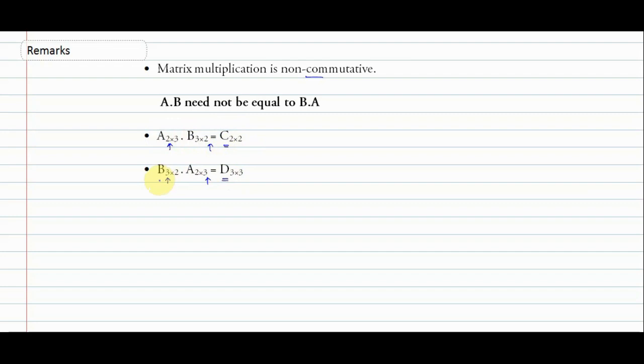And when we multiply B with A, we get a different matrix as the result, matrix D, which has an order of 3 by 3. So this implies that matrix multiplication is non-commutative, that is, A into B need not be equal to B into A.